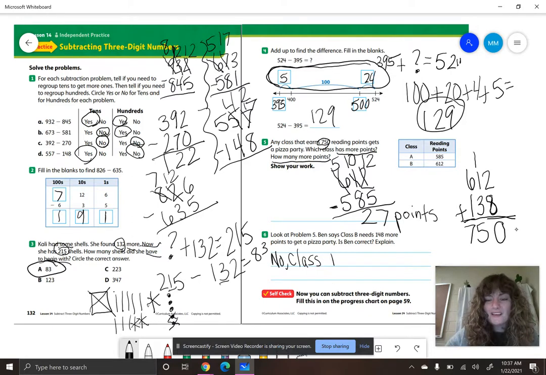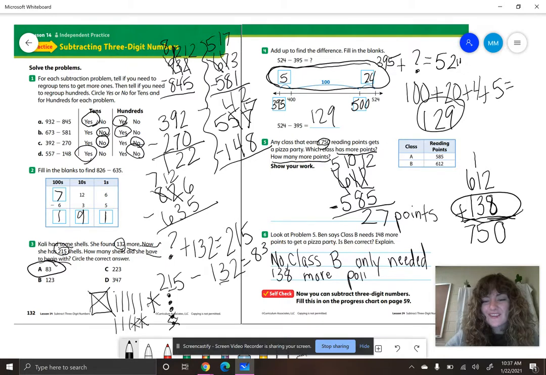Class B only needed, how many more did they need? 138 more points. So Ben was super close, right? He just had 10 more than he needed.